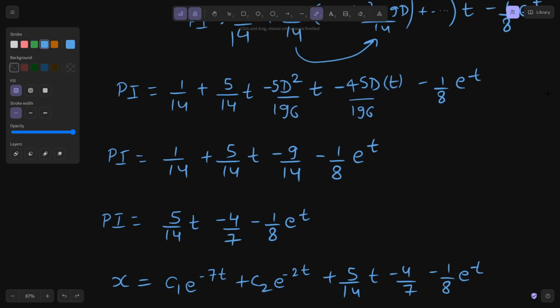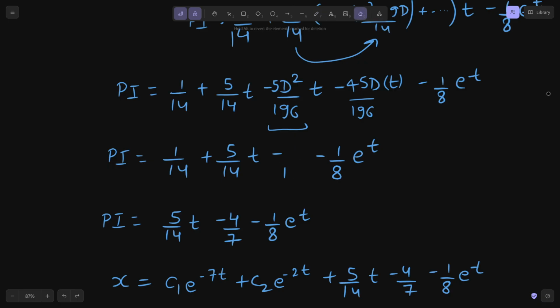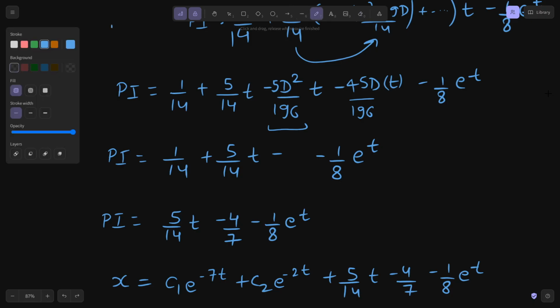Now in the next step, this anyway is going to become 0, and what about this one, 45 by 196. So I will get 45 by 196 here. 45 by 196 can be cancelled, I think.